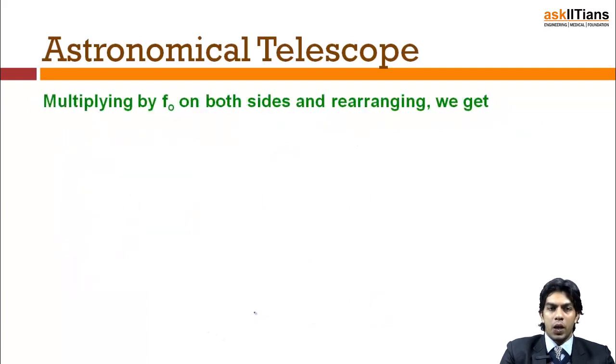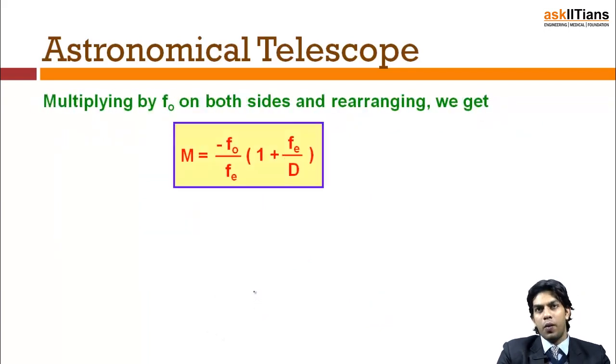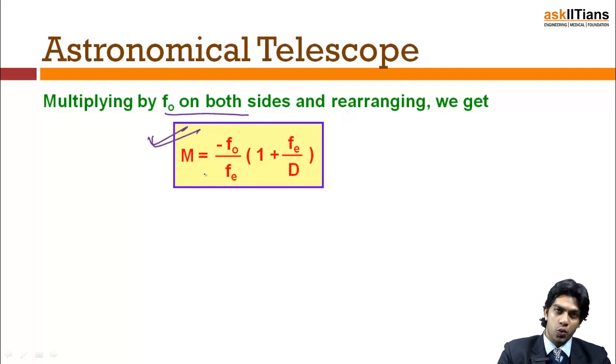Now, obviously, we will work out some mathematical operations on that equation, multiplying f naught on both sides, and we simply rearrange it. We end up getting the magnification to be this. Now, why did we put so much effort into finding the relation of the parameters of the telescope, f_o, f_e, L, and everything, in terms of the least distance of distinct vision?